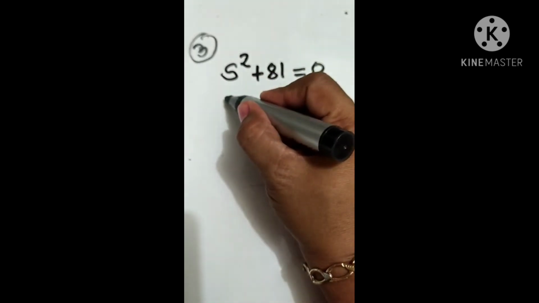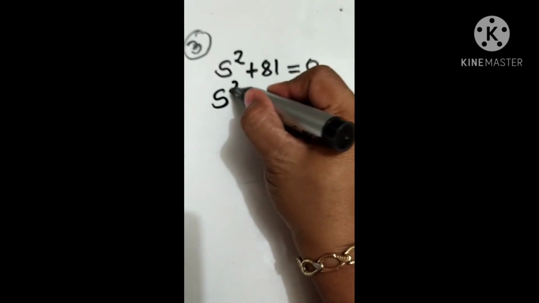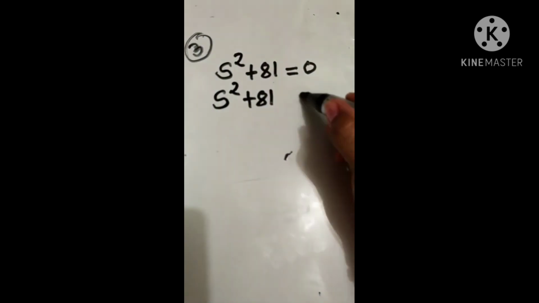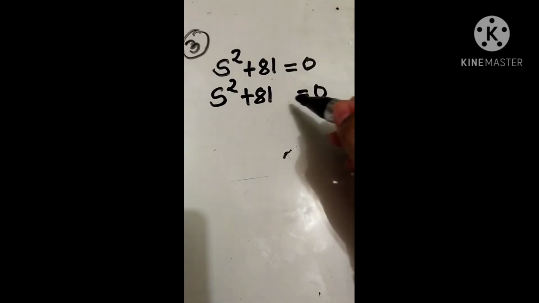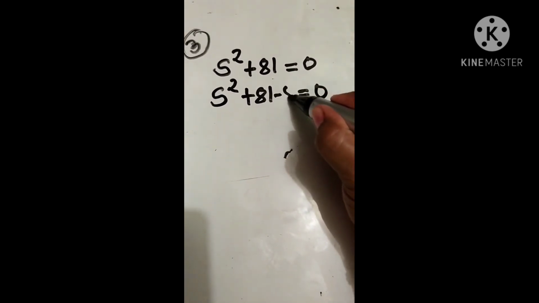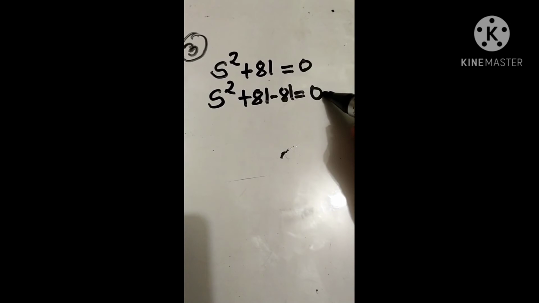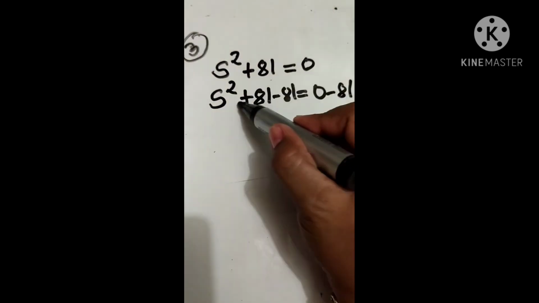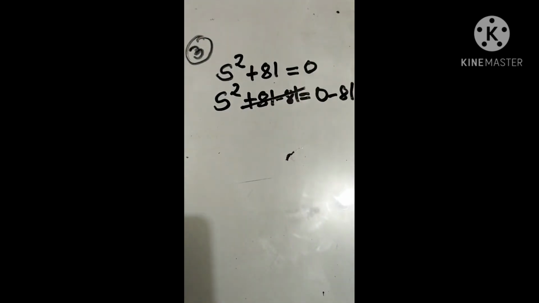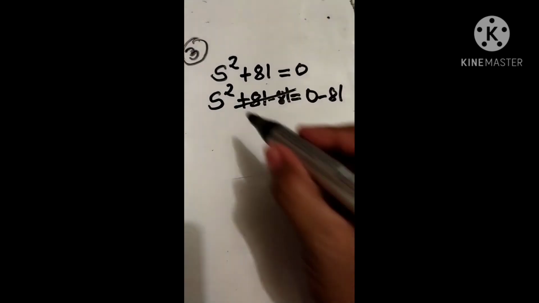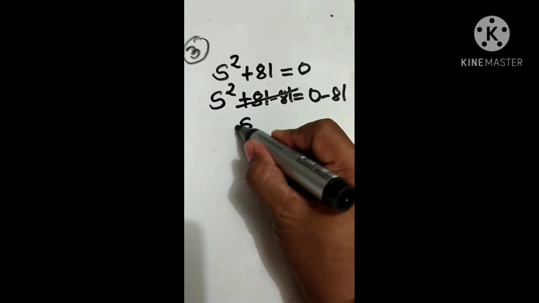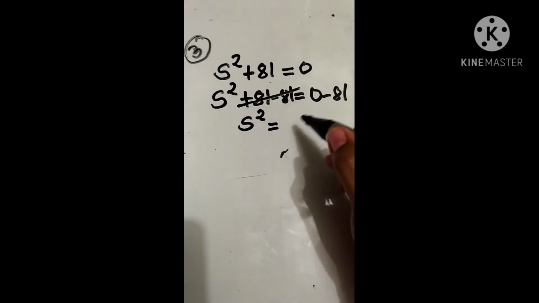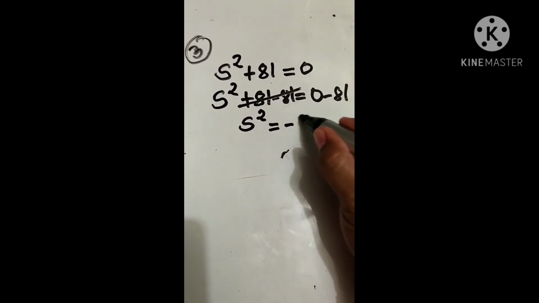So this will become s squared plus 81 equals 0, then we will subtract 81 from both sides. That cancels out, so what remains is s squared equals 0 minus 81, which is negative 81.